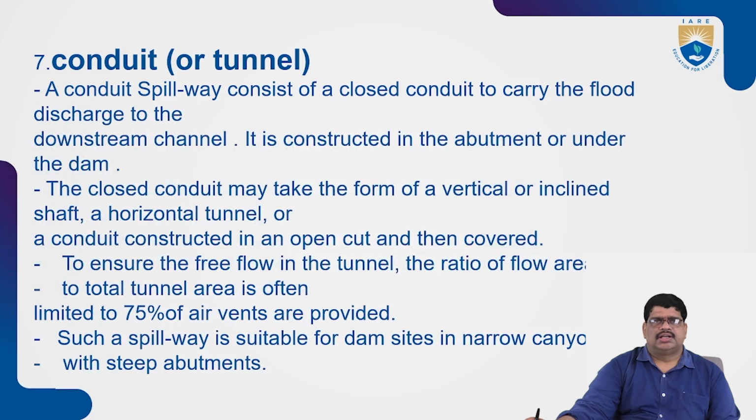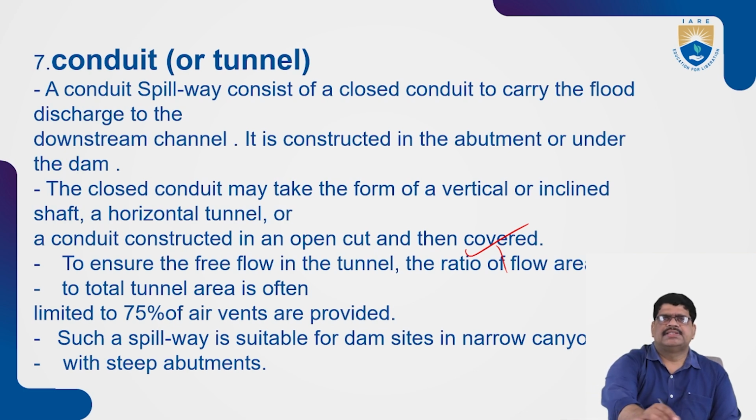It is the conduit or tunnel type. A conduit spillway carries the flood discharge and is also constructed as an abutment under the dam. The closed conduit may also be provided as a vertical or inclined shaft or tunnel.